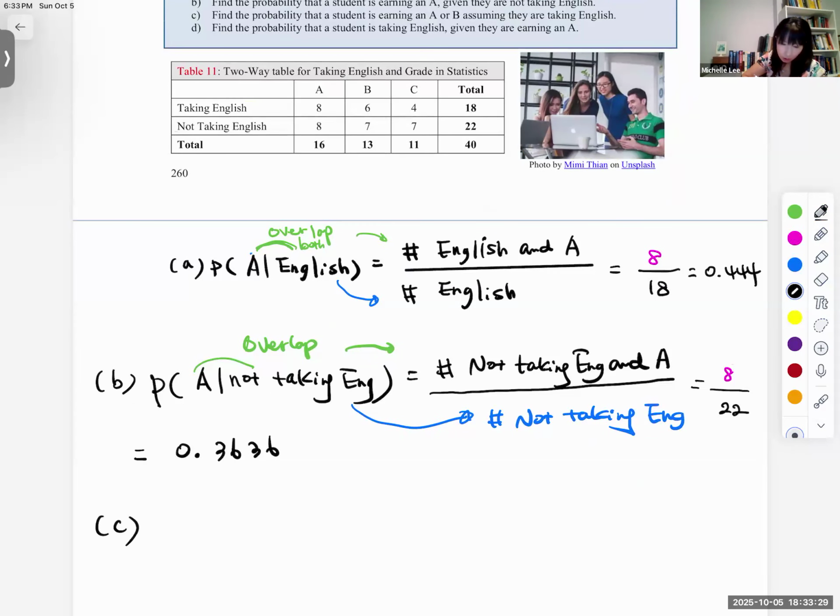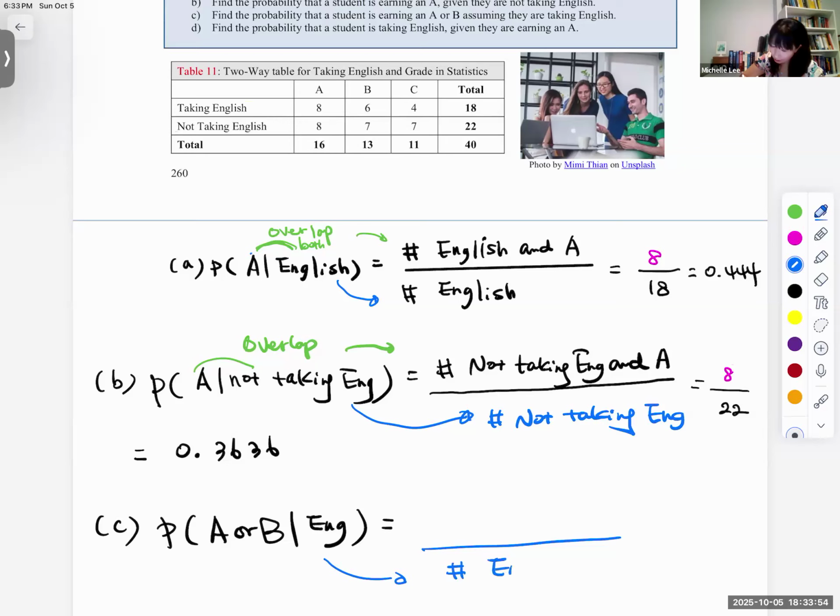What's the probability of earning A or B given that they are taking English course? So we bring down the number of taking English, and then the overlap.